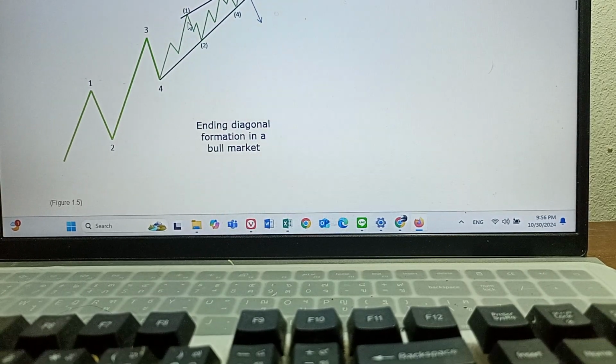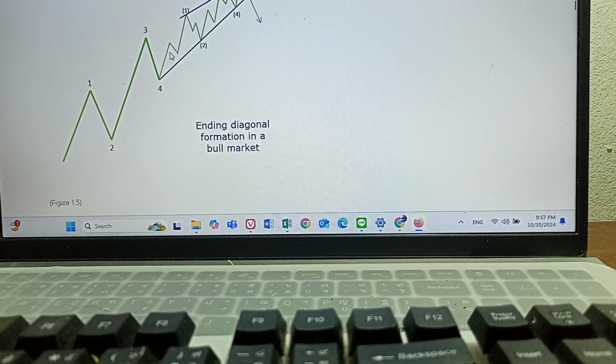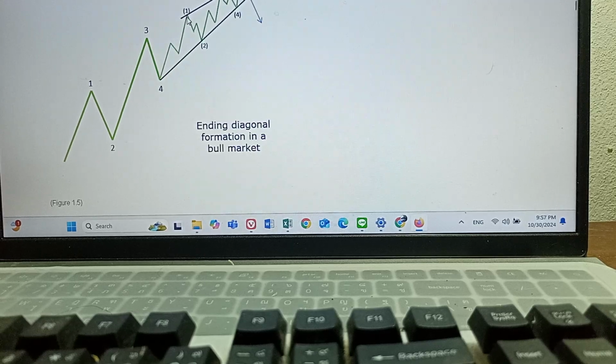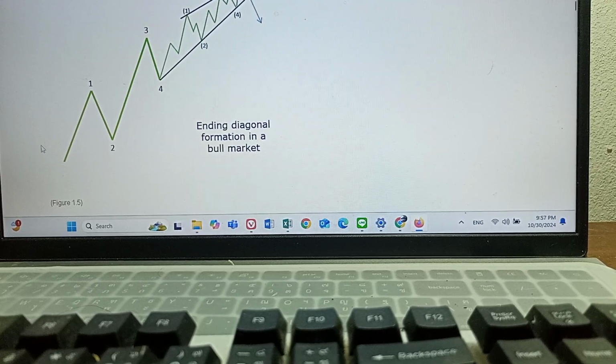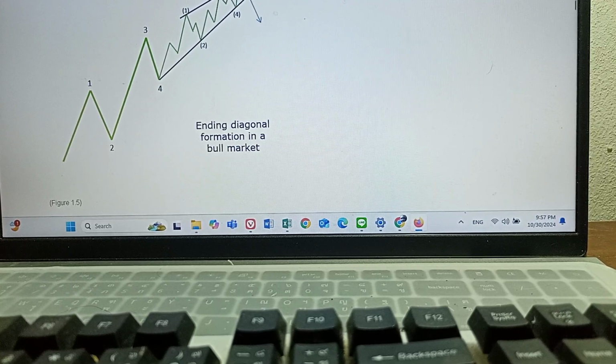This is an ending diagonal. Waves 1, 2, 3, 4, 5.